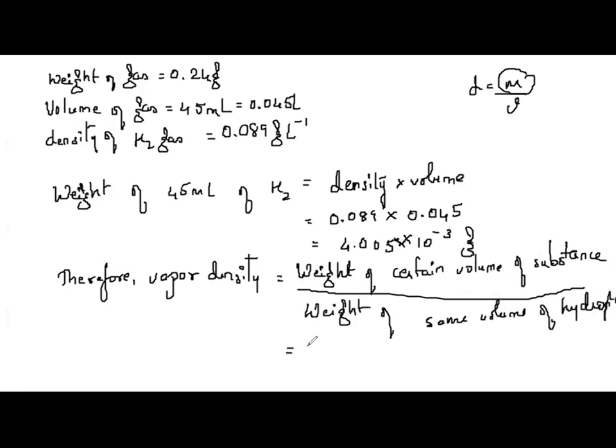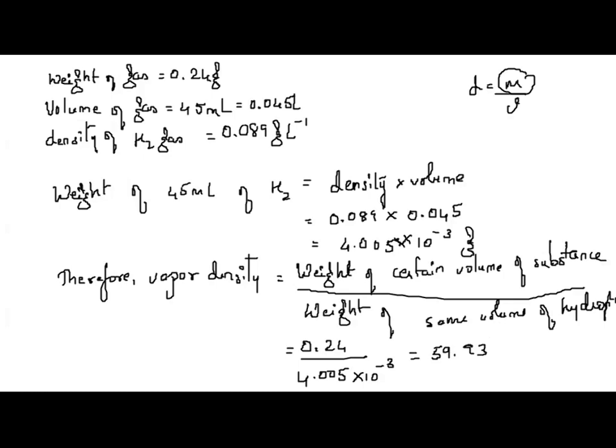So what is the option? 0.24 divided by 4.005 into 10 raised to minus 3. So when you solve it out, you will get the answer 59.93. So this is the correct option.